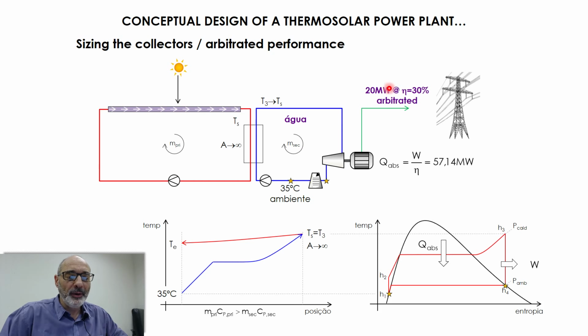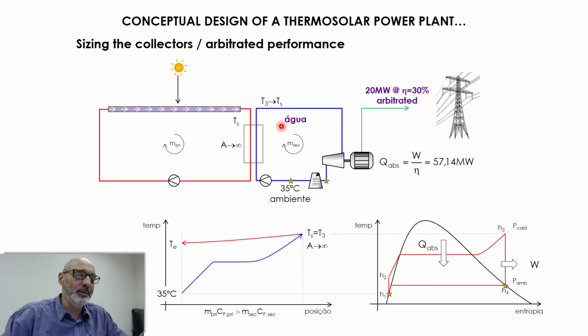Another parameter that I'm fixing is the working fluid also. We're going to work with water. As I mentioned, actually it's a lot better to work with compressed nitrogen, with regeneration heat, but I don't want to complicate and introduce additional concepts.